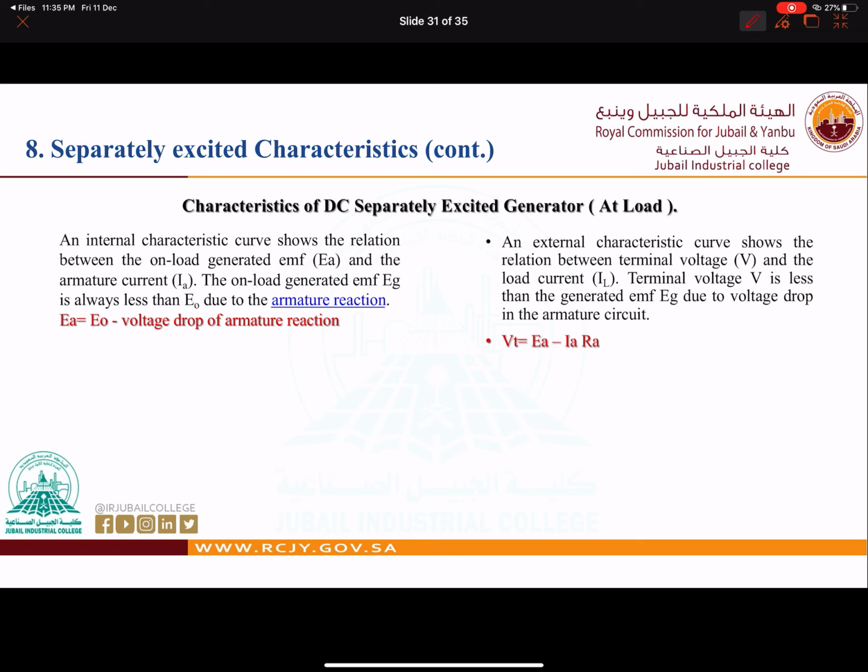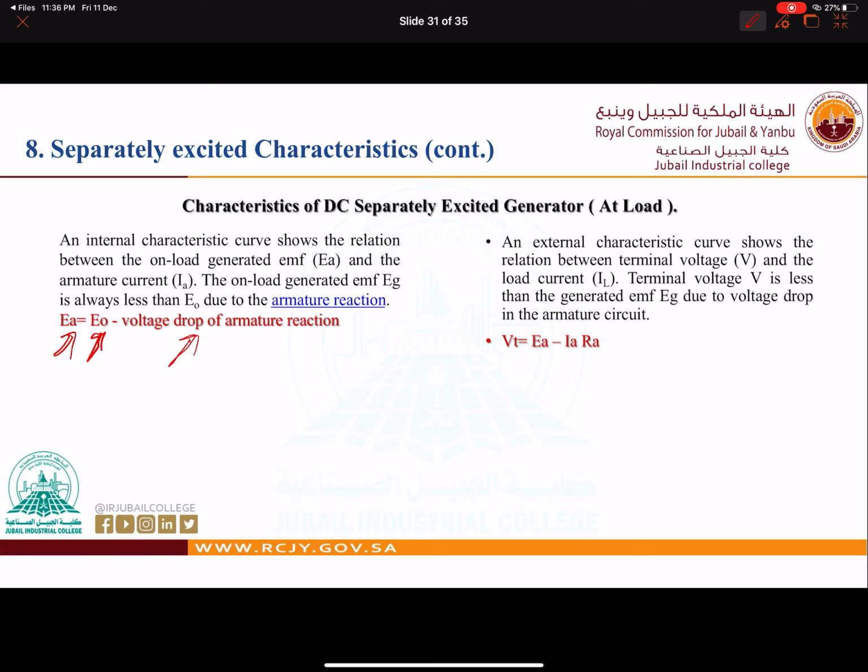Now, this internal characteristics curve shows that when I say EA, guys, I mean that we have a load. When I say E node, that means in case we don't have load. And this is the voltage drop of the armature reaction.